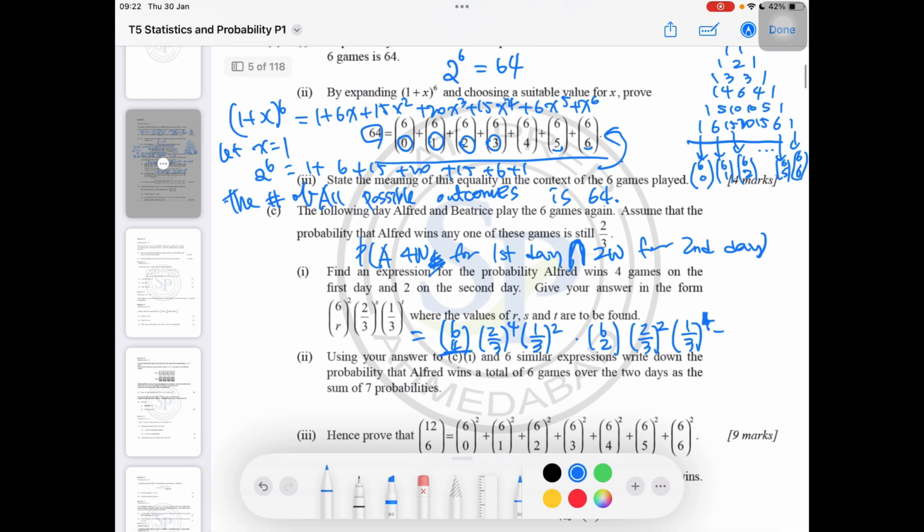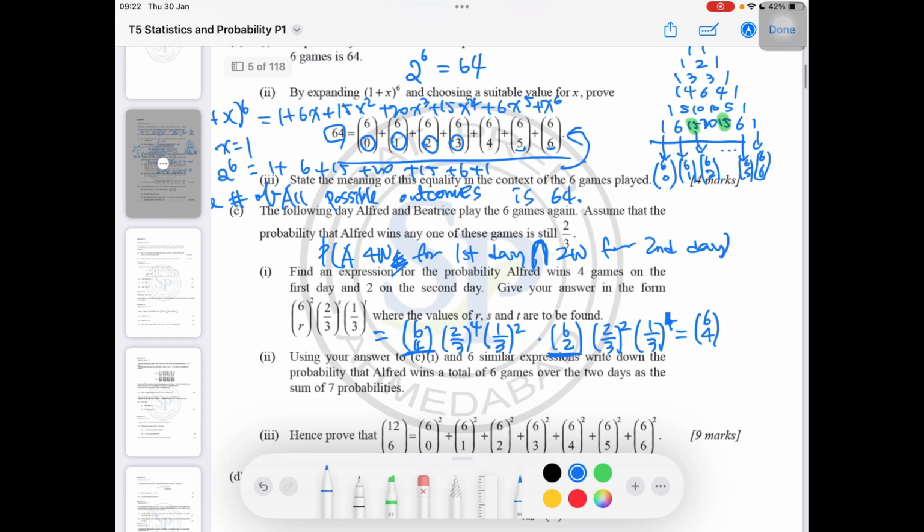So this and this actually are the same, because it's very symmetrical. So we can call it 6C4 or 6C2, whatever, it's the same. So this is the answer.